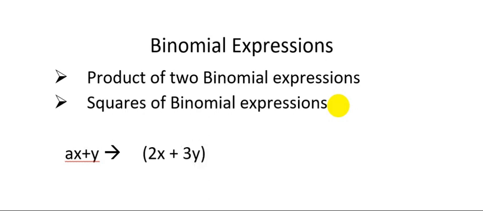I'm going to take the product of 2x minus 3y. So this 2x plus 3y takes the form of ax plus y.